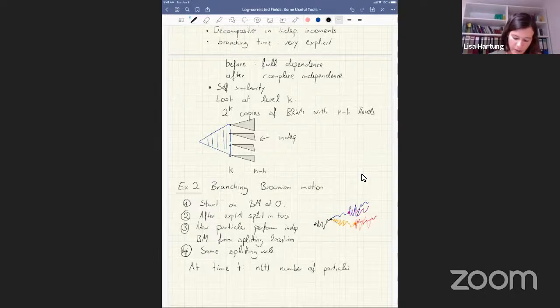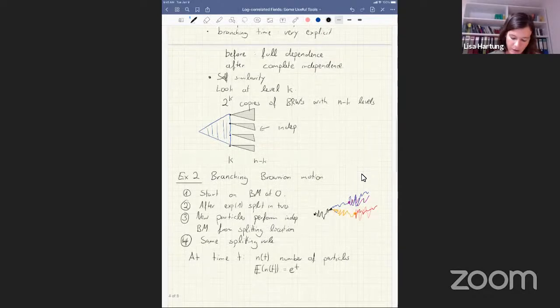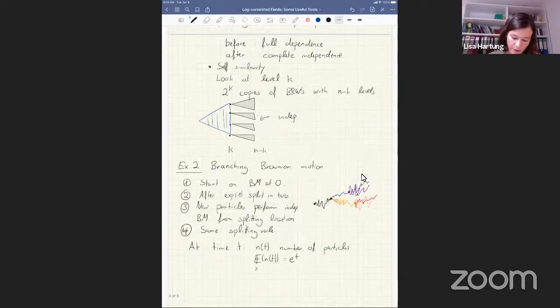One can show that the expected number of particles is given by e to the t. And you have locations of the particles x_k(t) at time t.